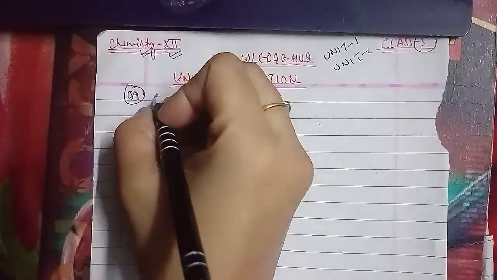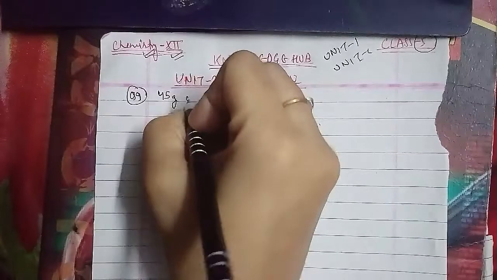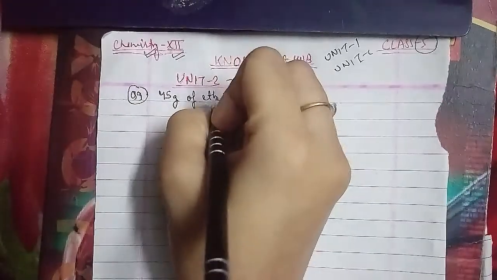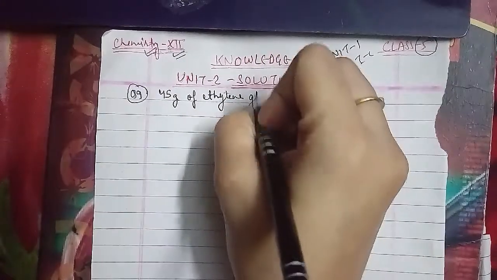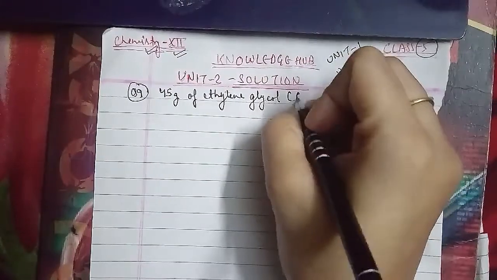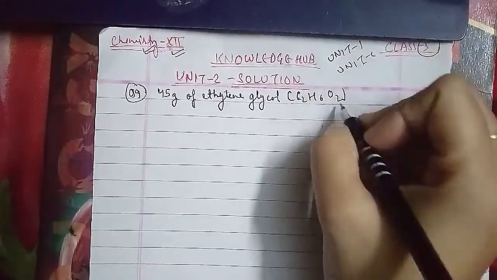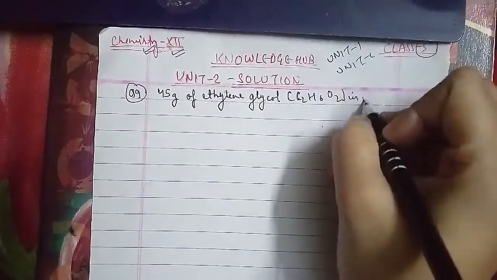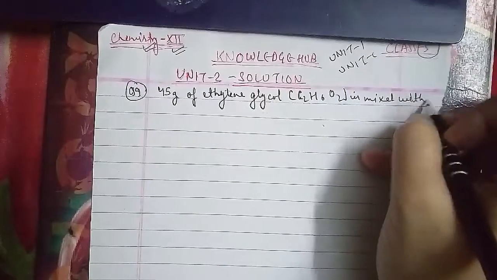45 gram of ethylene glycol, C2H6O2, is mixed with 600 gram of water.